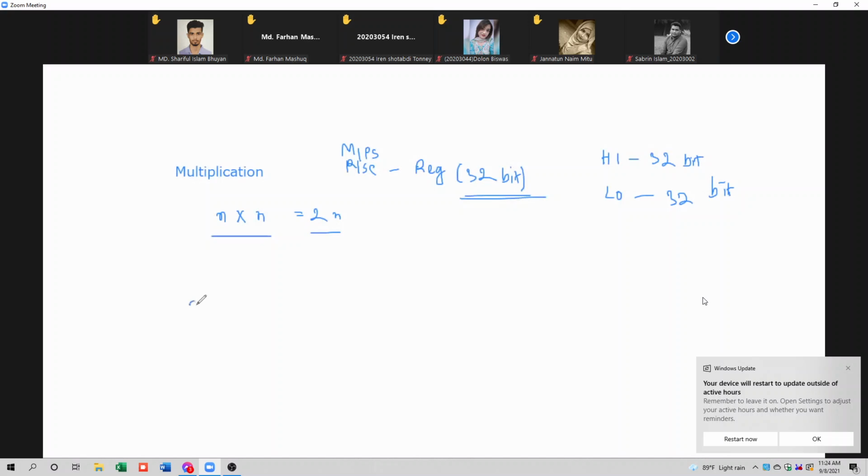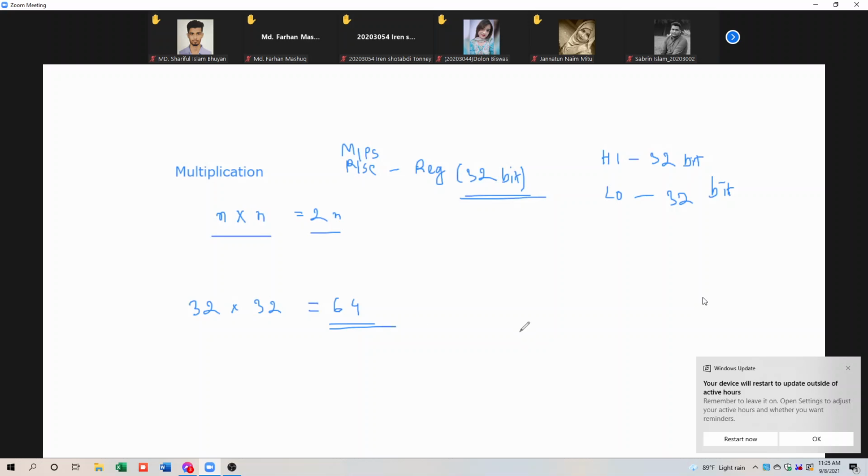So when you multiply two 32-bit numbers, these are your 2 source operands. Okay, so the result will be a 64-bit number because 2 into 32 equals 64. So in which register will you store it? Do you have any register whose length is 64 in the MIPS processor? No, ma'am. All the registers are 32-bit registers.